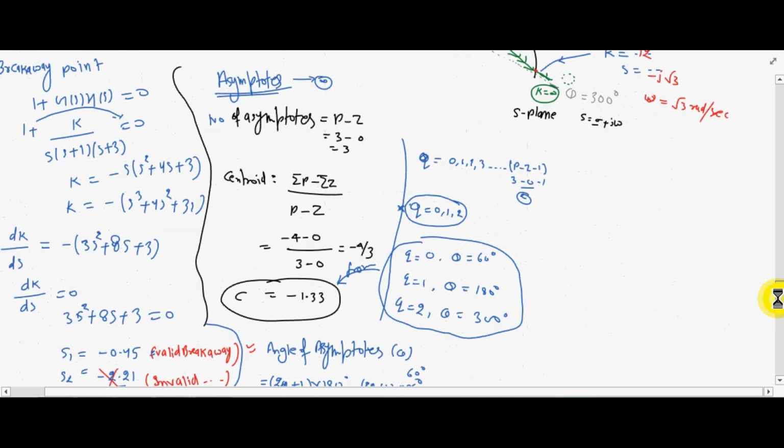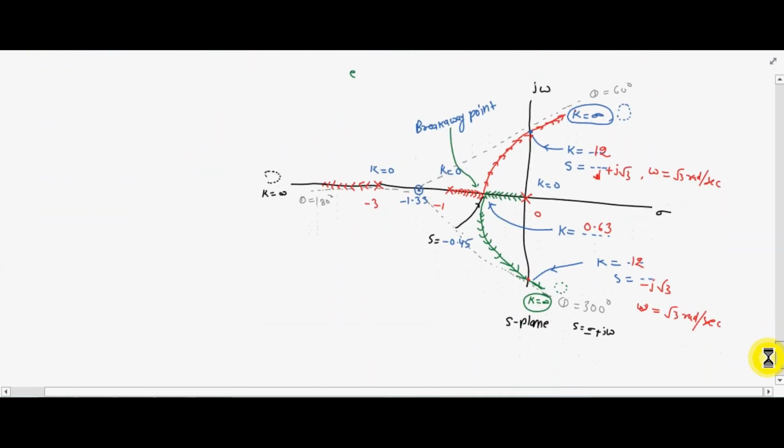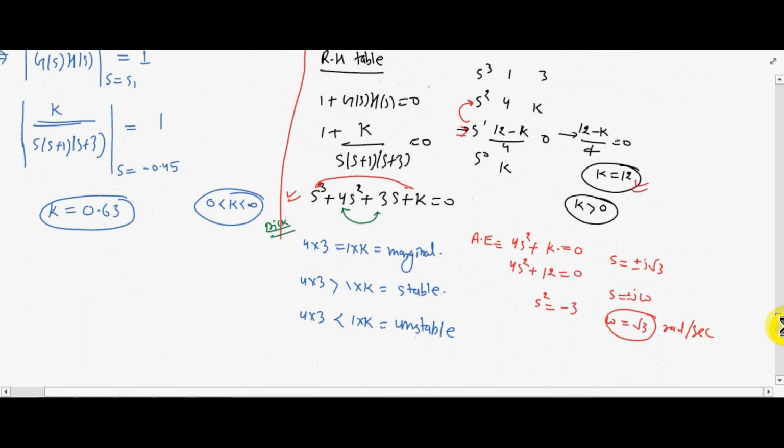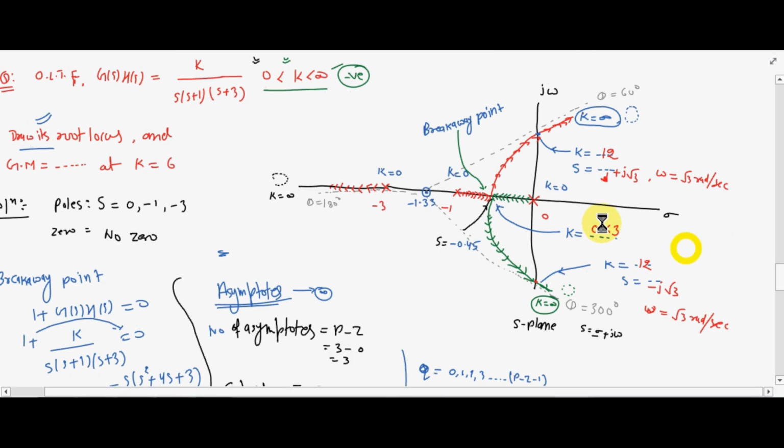Now the formula of gain margin is equal to k marginal, the value of k when the system is marginally stable, divided by k desired. K desired is given in our question, k is equal to 6, so this is the k desired.